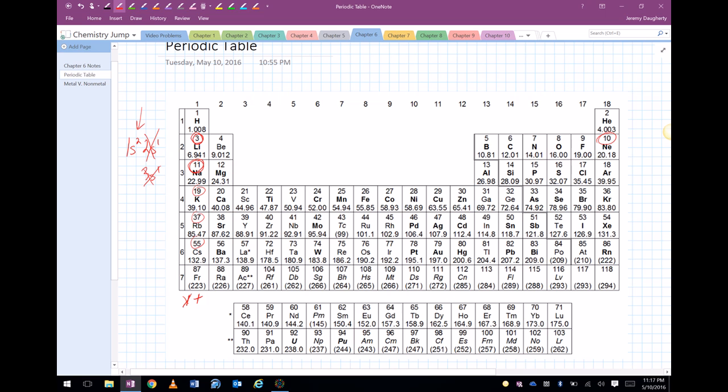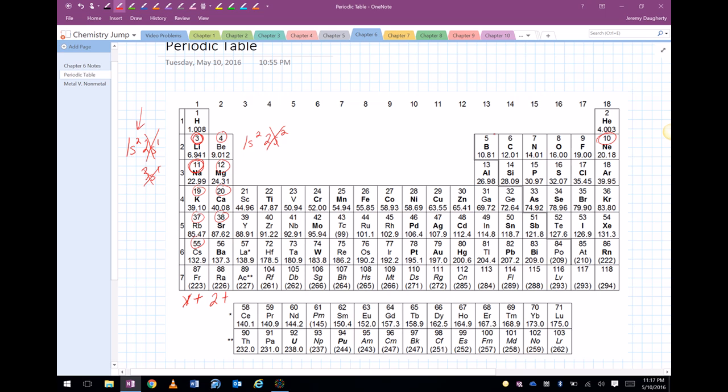Right? Beryllium. Look at what beryllium will do. Beryllium is 1s2, 2s2, which is somewhat stable, but not as stable as 1s2. So beryllium will actually lose 2 electrons. Same thing with magnesium, with calcium, with strontium. So it'll actually form a 2 positive charge.